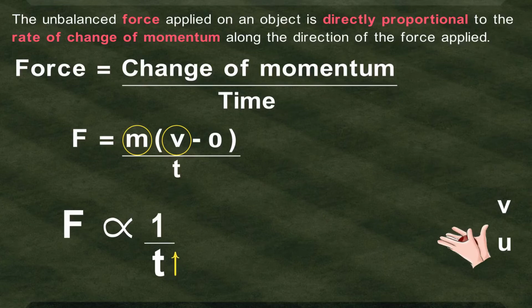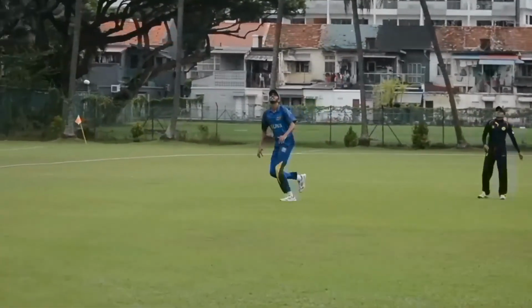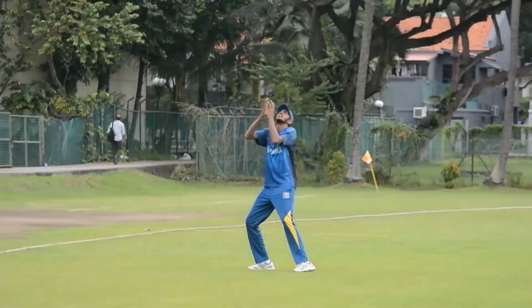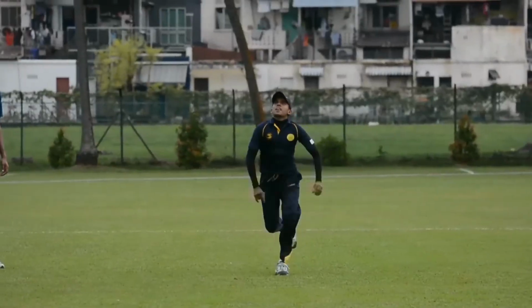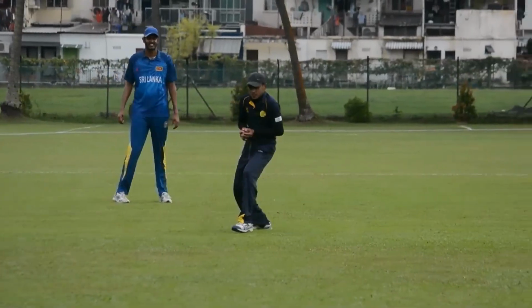The longer the time, the lesser the force felt on hands. Therefore, to secure a catch safely with less pain and a good chance of holding on to the ball, it is required to drag the ball down, or you can bend from the knees when the catch is taken so that the ball would exert a small force on the hands as the contact time is increased.